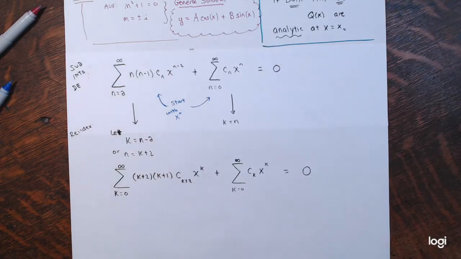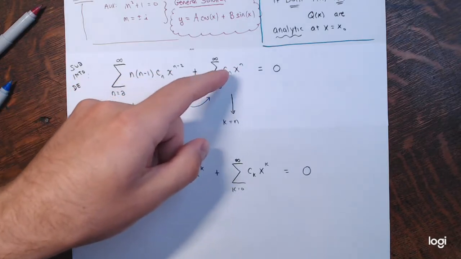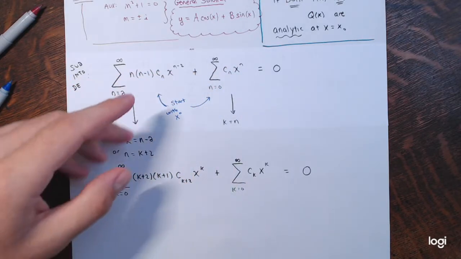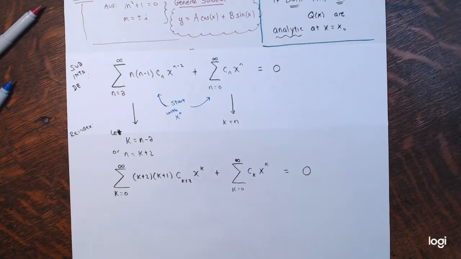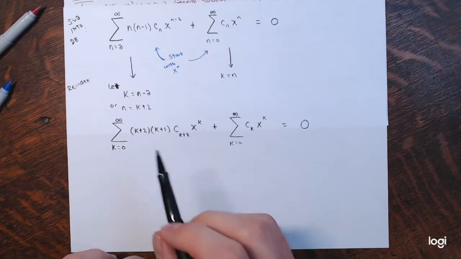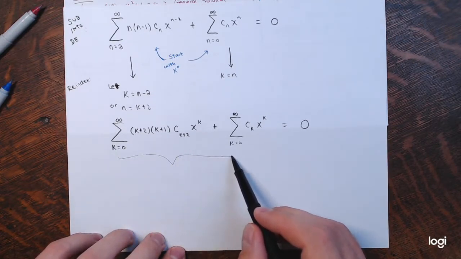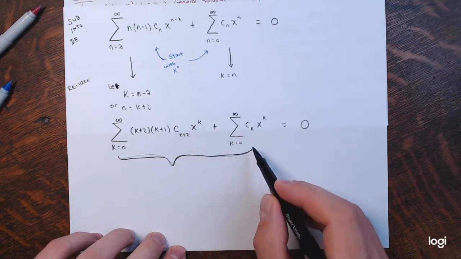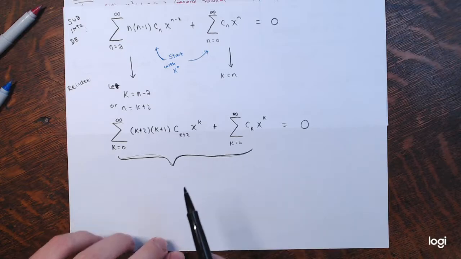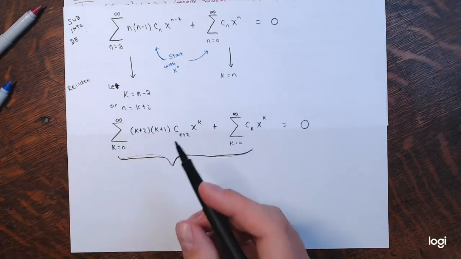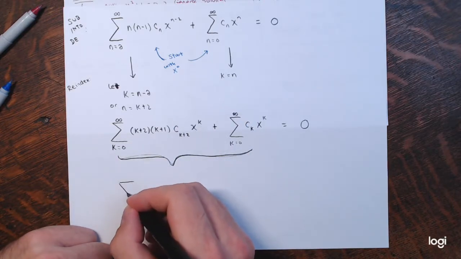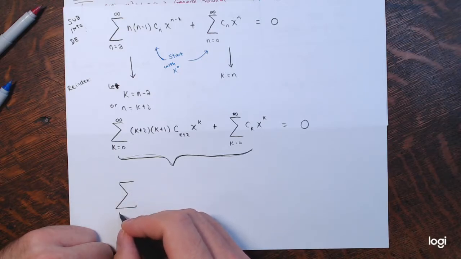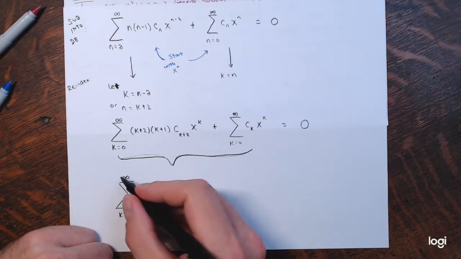And these are the same exact equation. If you write out a bunch of terms of these series, you'll see they're exactly the same series. All right, and now I can put them together because we have the same index, both with k, and both series are starting with the same value. If that's the case, you can put them together, and I have this single series, the sum from k equals 0 to infinity.